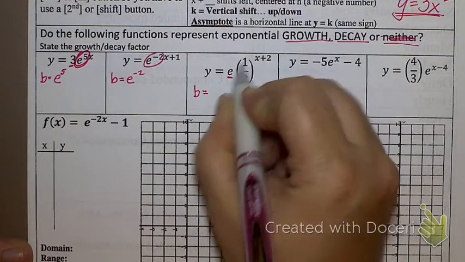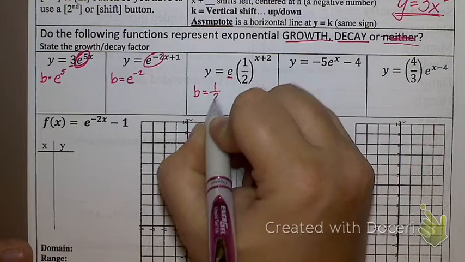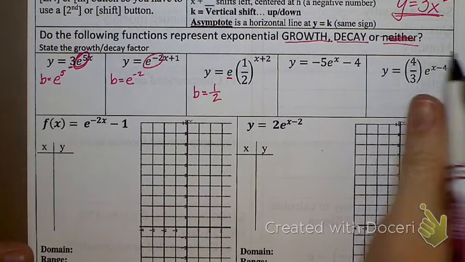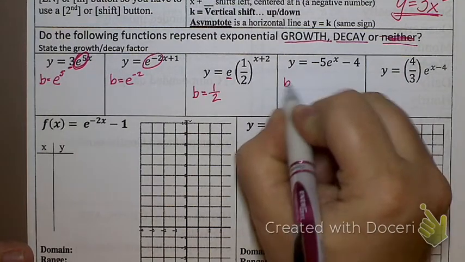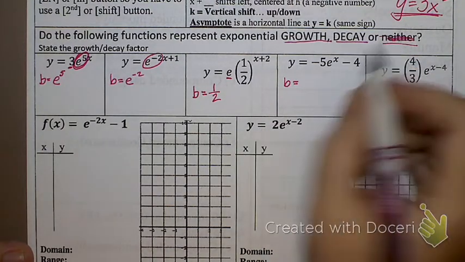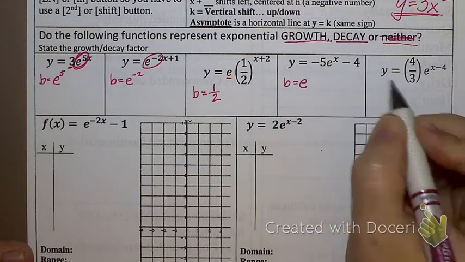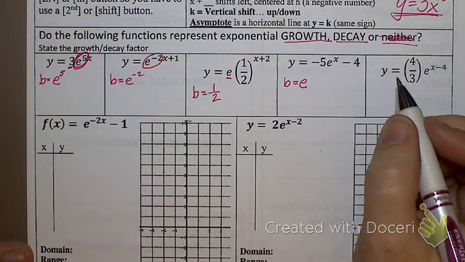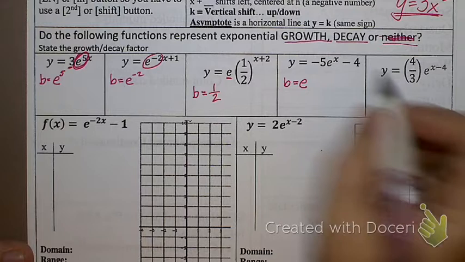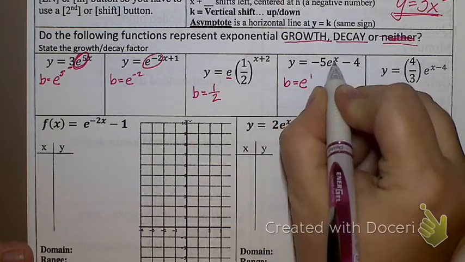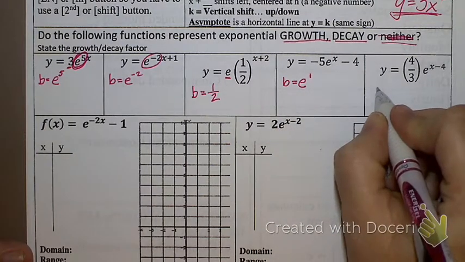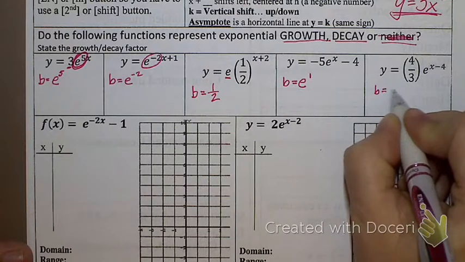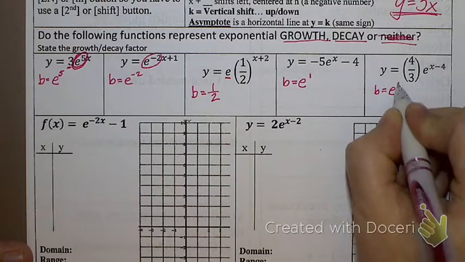B is 1/2. I moved the E just to mess with you a little bit. What is B equal to here? E to the what? First power, because the coefficient of x is 1. And this one, B is what? E to the first power also.